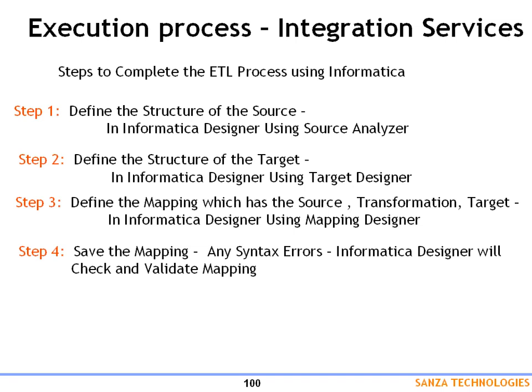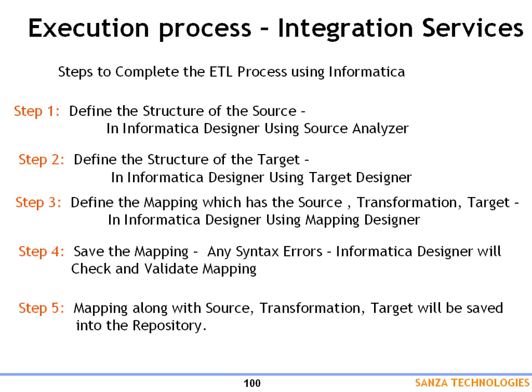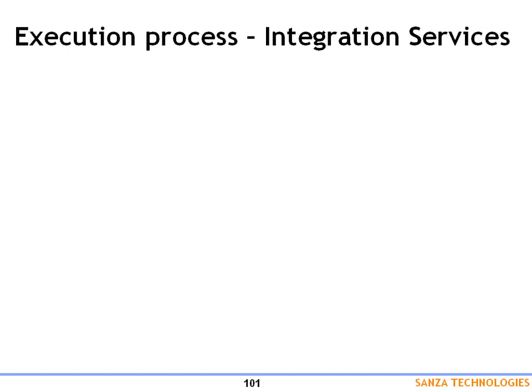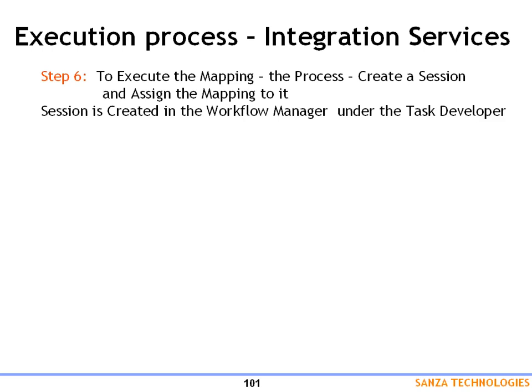Along with the source transformation target information, the whole thing will be saved into the repository whenever you save it. Then to execute the mapping, you create a session, associate the mapping to it. After that, you associate the session to a workflow.